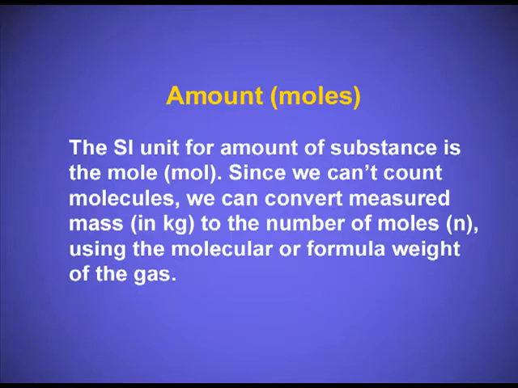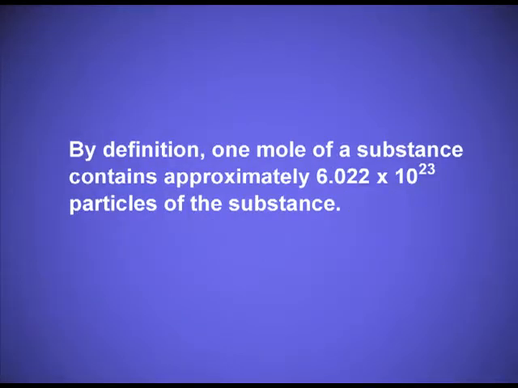The SI unit for the amount of a substance is the mole. Since we cannot count the molecules, we can convert the measured mass in kg to the number of moles, small n, using the molecular or formula weight of the gas. By definition, 1 mole of a substance contains approximately 6.022 × 10^23 particles of the substance.